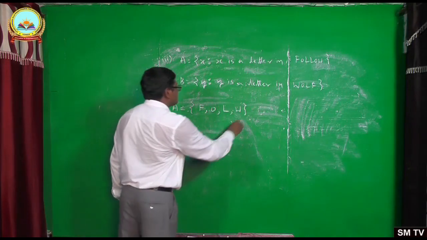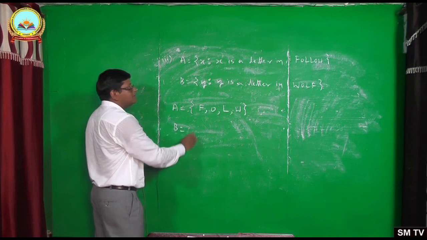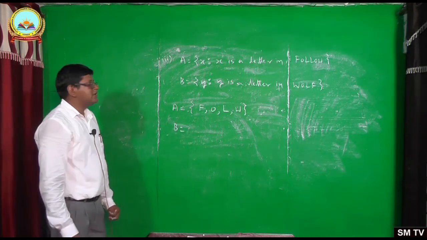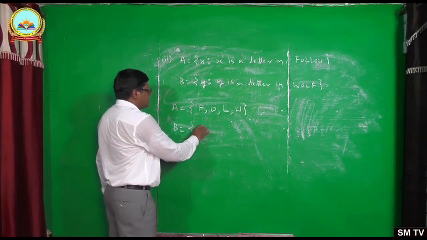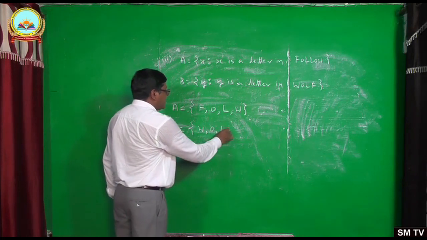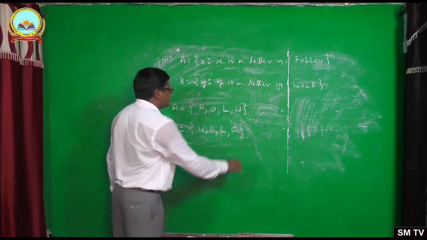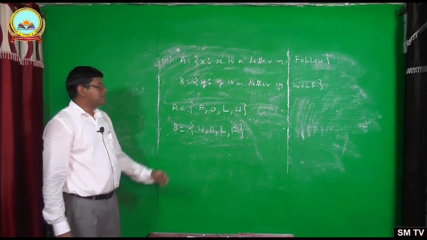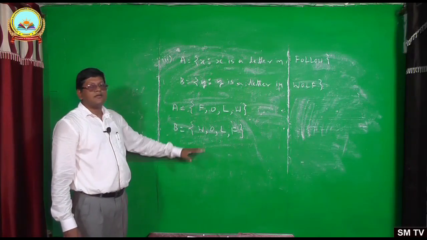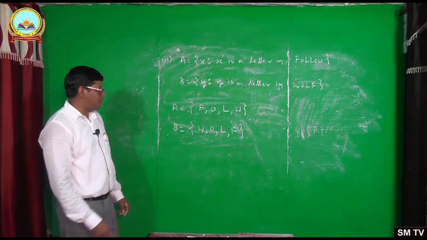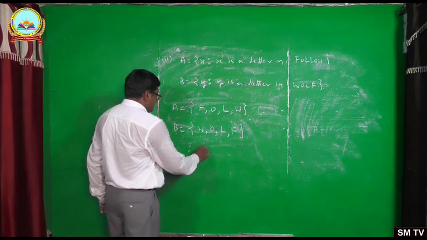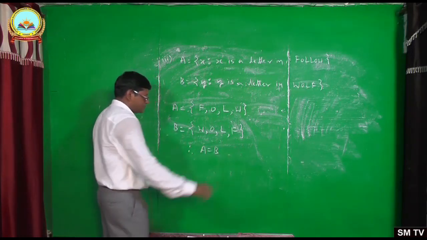W. Next, we shall write the set B: W, O, L, F. Clearly, the sets A and B have exactly the same elements. Therefore, A is equal to B. Okay.